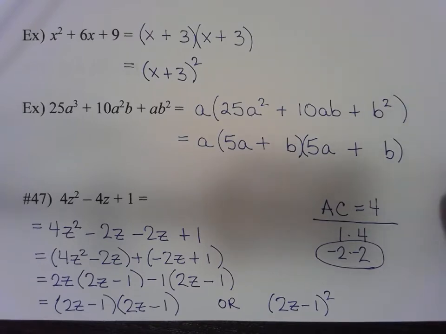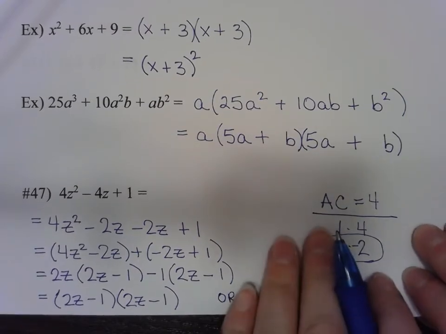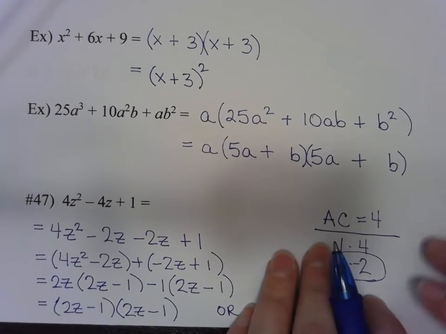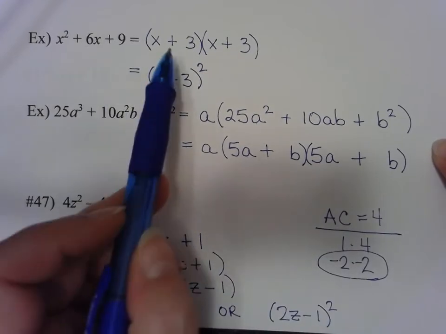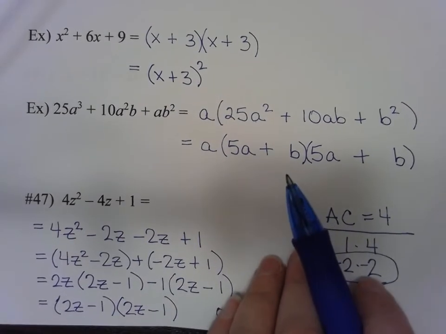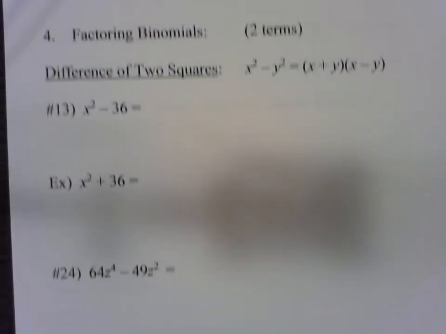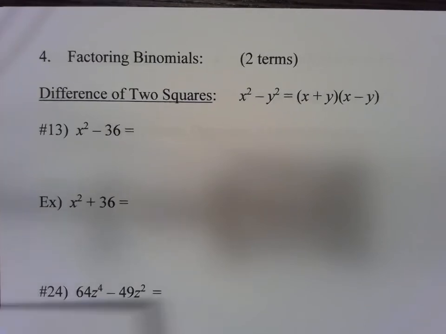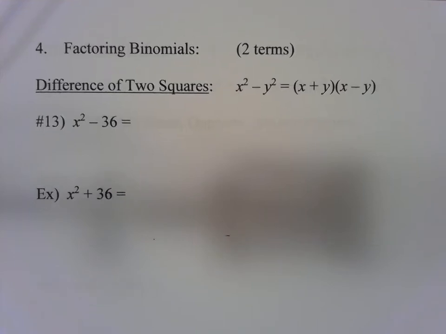Okay, so those are perfect square trinomials. This is a special pattern, same strategy, where I happen to get the same parentheses. All right, so now we're going to look at the next category, which is factoring binomials. There are actually several special types of factoring that fall into this category.